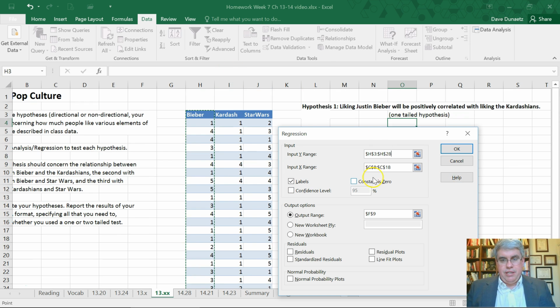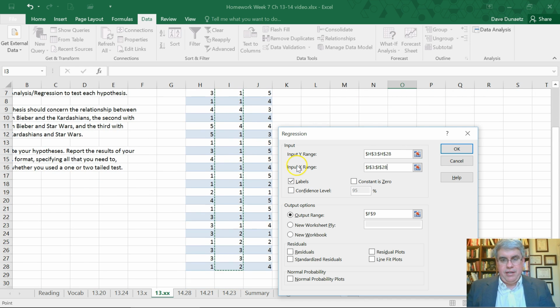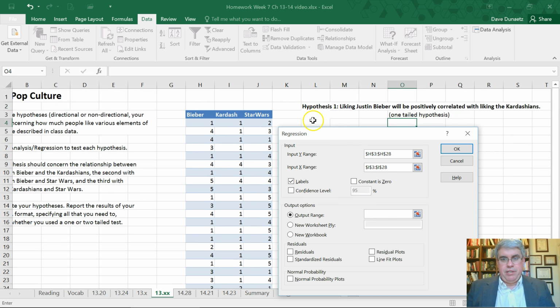And the X range is going to be the Kardashians. Let's choose all of that. We've got labels. The output range, let's put it down here. Press OK.